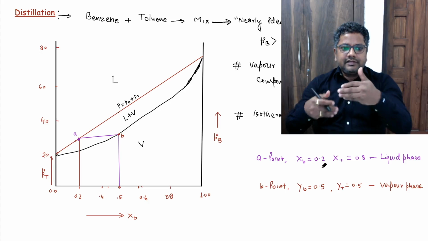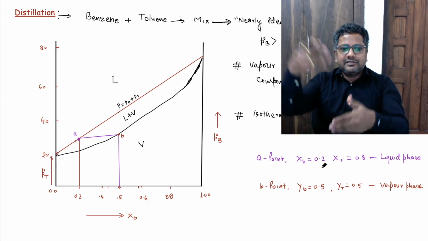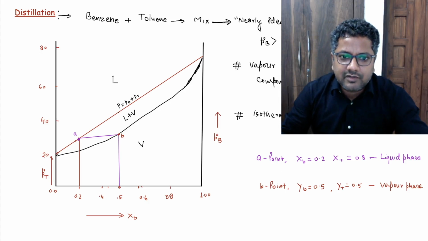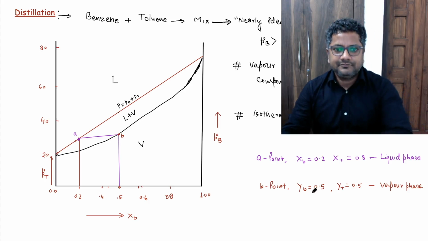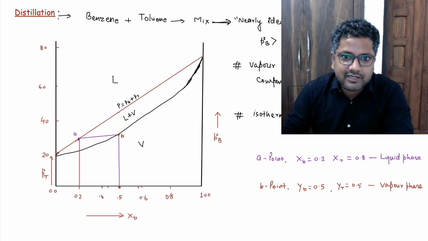You cannot take mole fraction of benzene in the liquid phase plus mole fraction of benzene in the vapor phase equal to 1. So this relation, XB plus YB is equal to 1, you cannot write at any moment of time. You can write that the liquid fractions sum to 1 and the vapor fractions sum to 1, but this relation will not exist anytime.